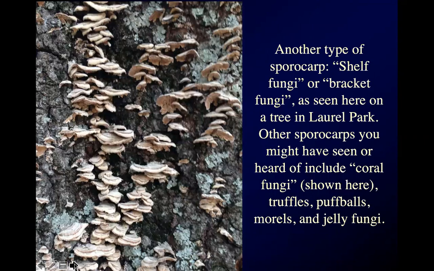Another type of sporocarp you can see around here. I took that picture in Laurel Park. That's just tree bark. And sticking out from the tree bark, you have a bunch of things that look like little semicircular shelves sticking out at right angles to the tree. We call those shelf fungi or bracket fungi. And that's another type of sporocarp.